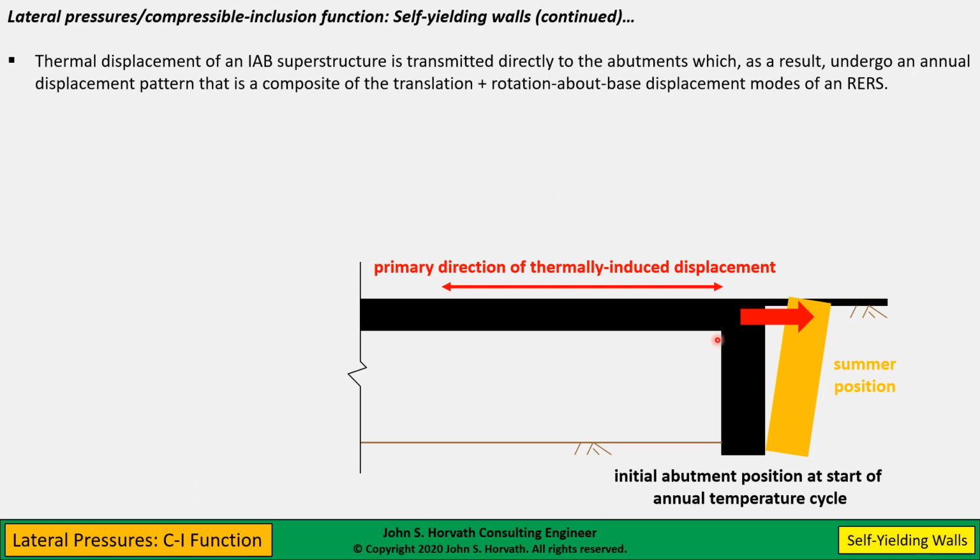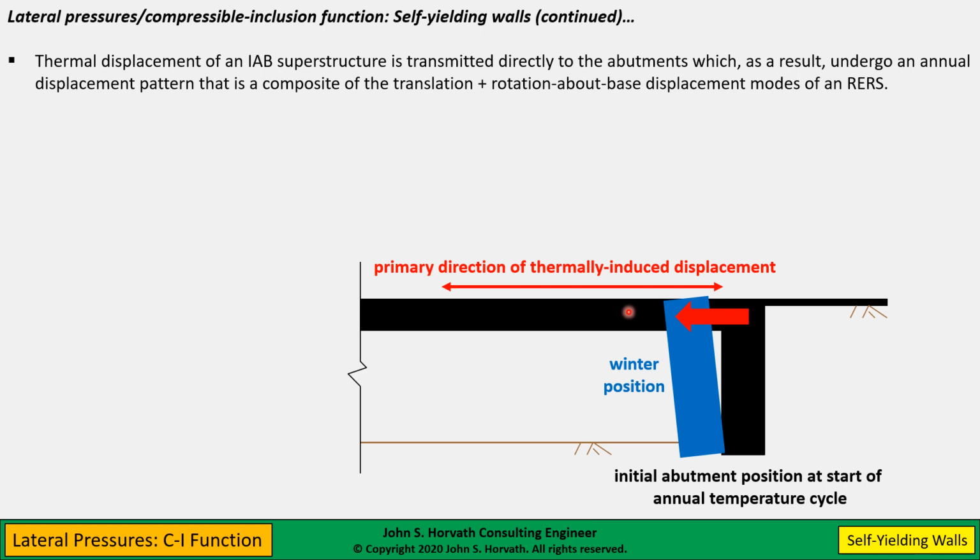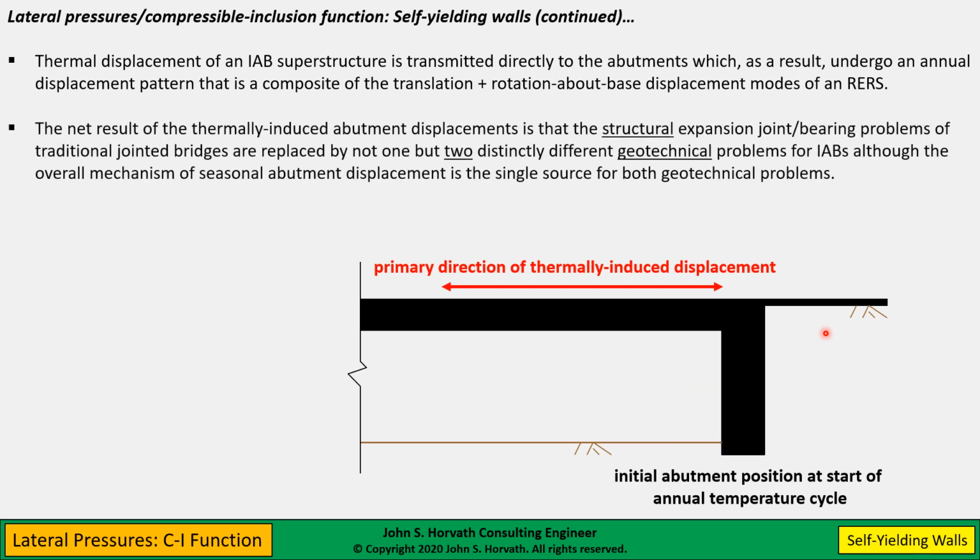So in the summer, the expansion of the bridge superstructure is going to push the abutment into the retained soil. As the bridge deck cools down in the winter, it contracts. It's going to pull the abutment away from the soil. All right, so we see this back and forth type of rocking behavior.